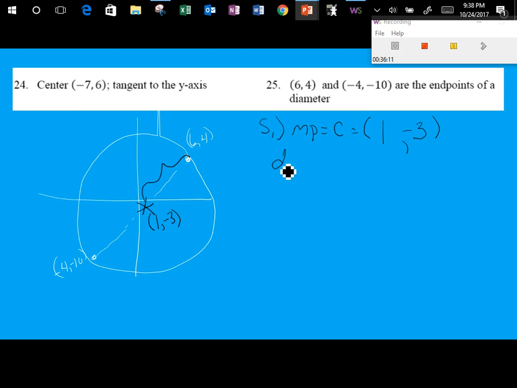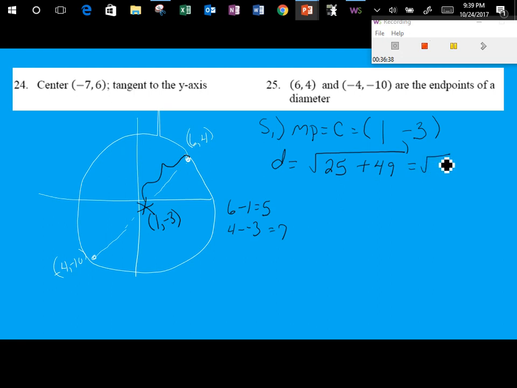So now let's use the distance formula. I'm going to go the difference of the x's squared. So 6 minus 1 is 5. Squared is 25. Plus 4 minus negative 3, or negative 3 minus 4, which is going to be 7. Squared is 49.